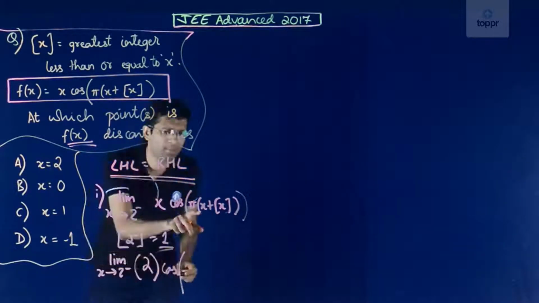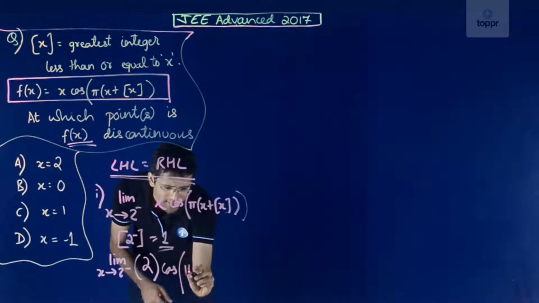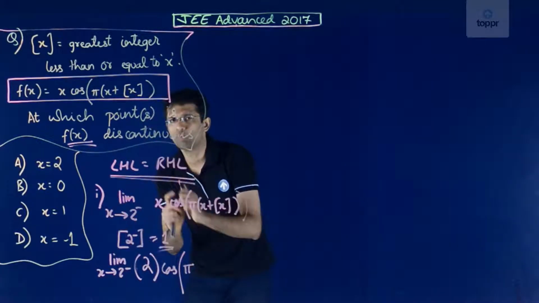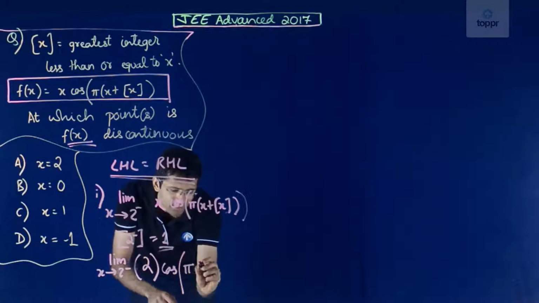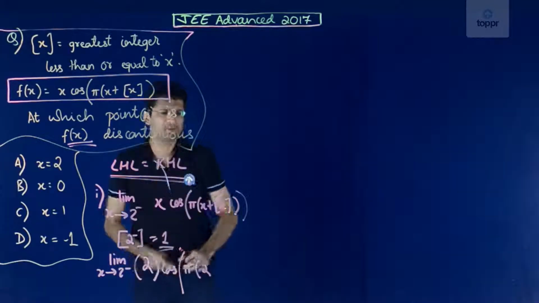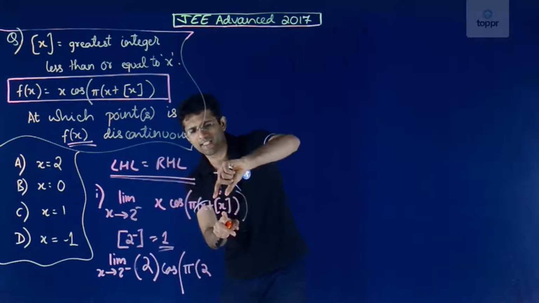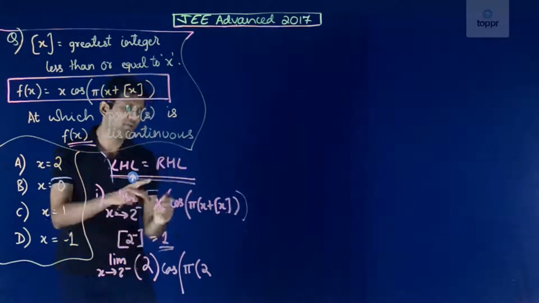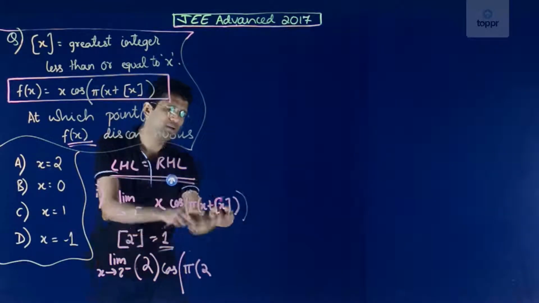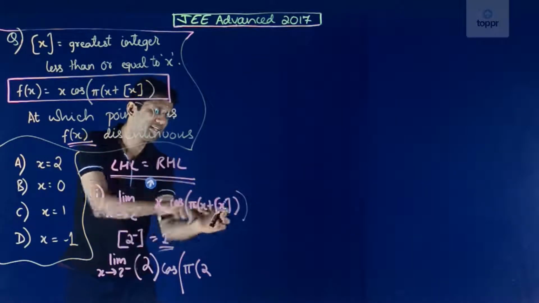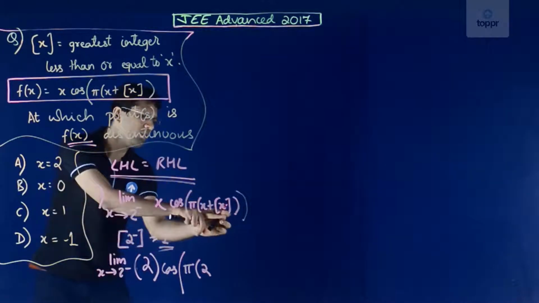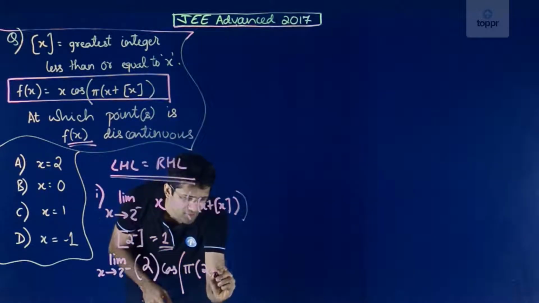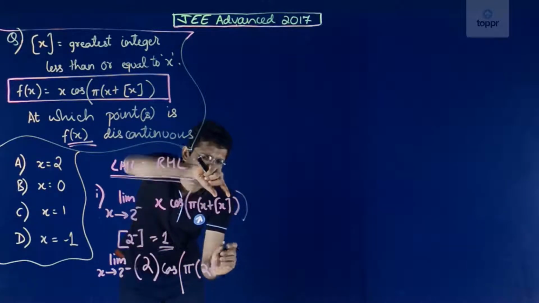Then I will include the bracket which has a pi here as it is, and here there is an x which is 2 because x tends to 2 minus, so this x will be replaced by 2. However, this second x is within the greatest integer function bracket, and so this will be replaced by 1 because we are looking at the greatest integer less than or equal to x. In this case x is 2 minus, and so the greatest integer function of x will be 1, so I will replace this specific bracket by 1.